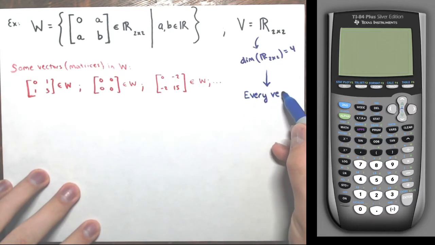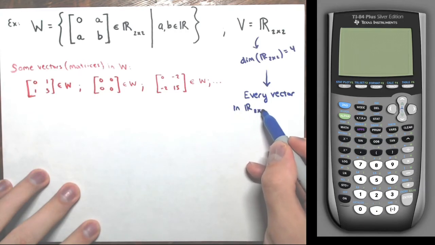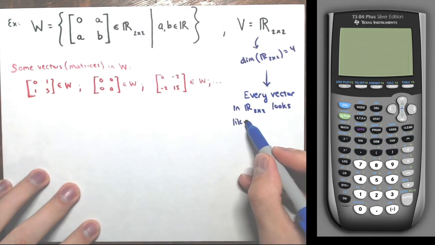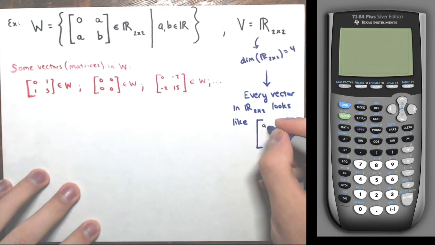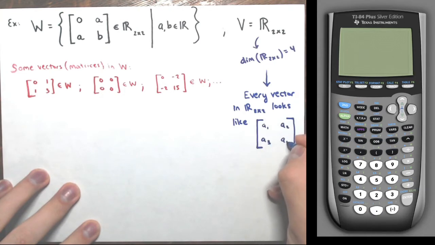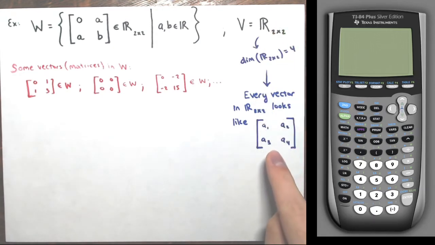Every vector in R 2 by 2 looks like this. It's a 2 by 2 matrix. And so I've got 4 slots to fill in. Say this is a1, a2, a3, and a4. Every vector in R 2 by 2 looks like this, and a1, a2, a3, a4 are just numbers, real numbers.